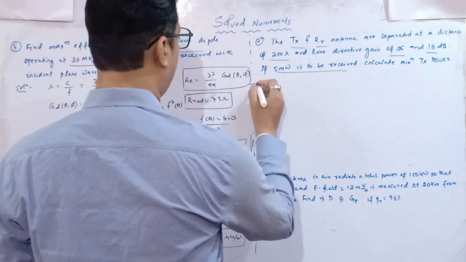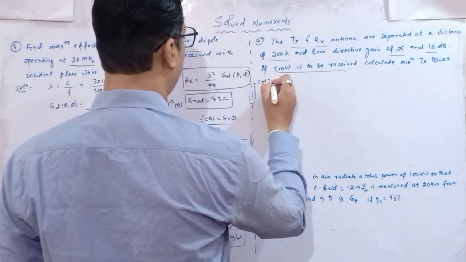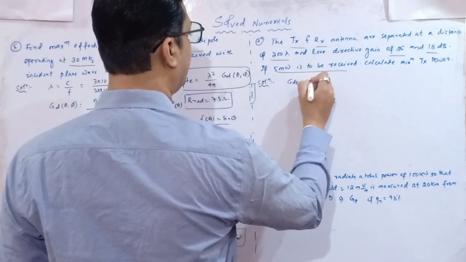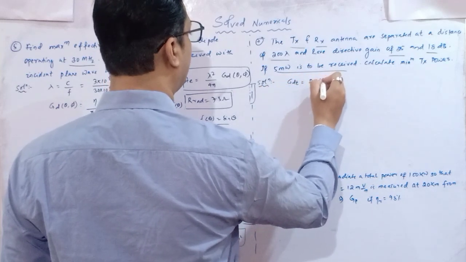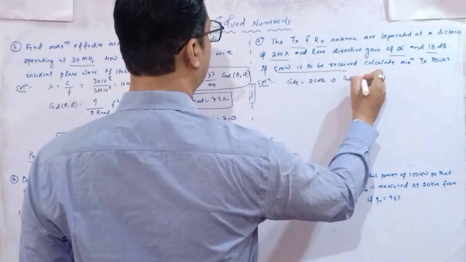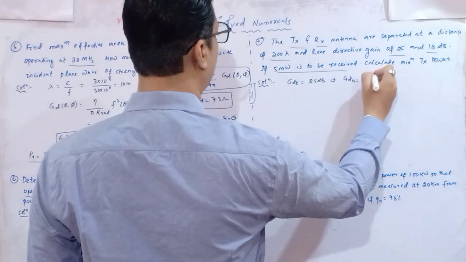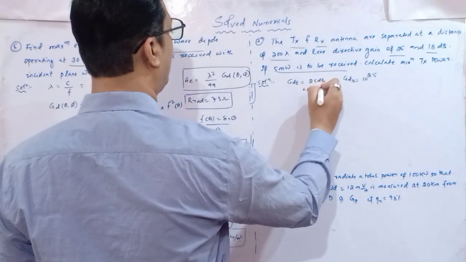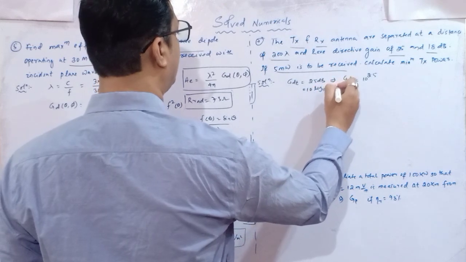First of all, note down the quantities that are given. First, GDT is 25 dB. Convert this into a decimal value, so that is 10 to the power 2.5, because you can write it as 10 log base 10 of GD.